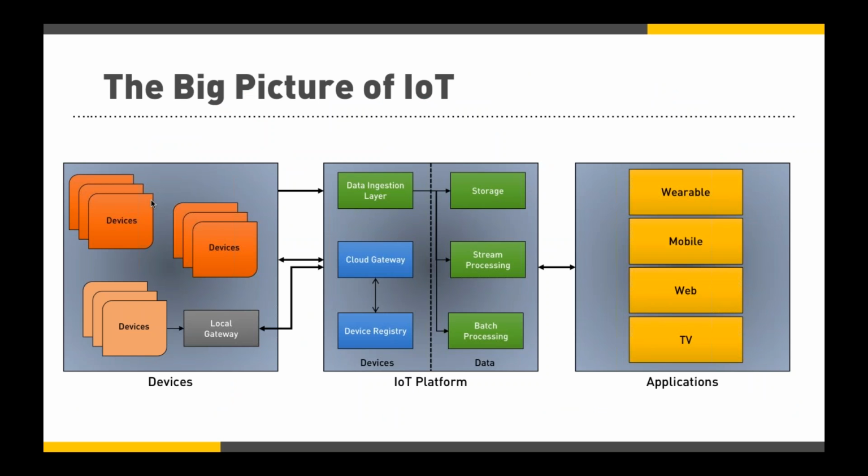At a high level, IoT has three layers. The first layer is the devices layer. The second one is the IoT platform. And the third one is the applications tier. This three-tier architecture is not identical to the traditional three-tier architecture. Here, the first tier is the devices that generate the data.